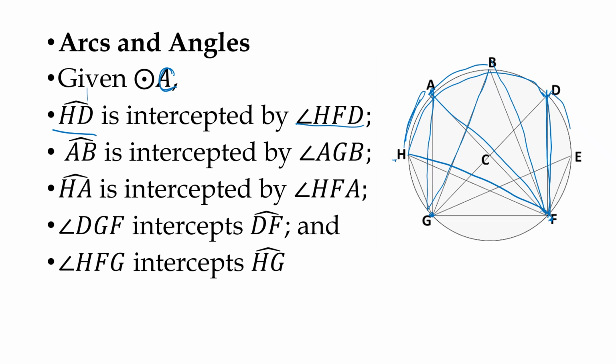Ito, arc DF. So yung vertex ay yung G here. So it intercepts arc DF, which is a minor arc.